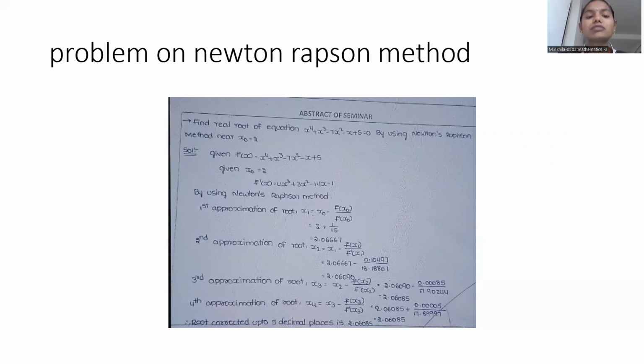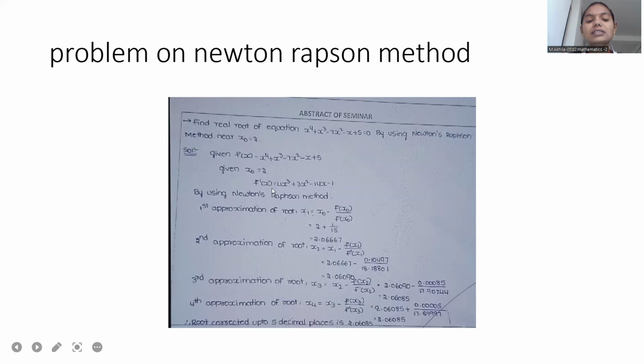Given f of x equal to x power 4 plus x cube minus 7x square minus x plus 5. Here they have already mentioned the initial value, x naught equal to 2. In the Newton-Raphson method, we also need f dash of x. Let us find f dash of x.